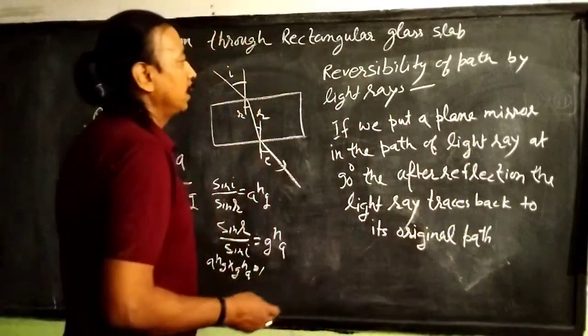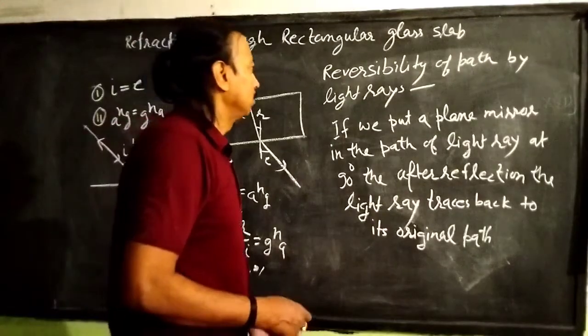This property of a light ray is called the reversibility of path by light rays.